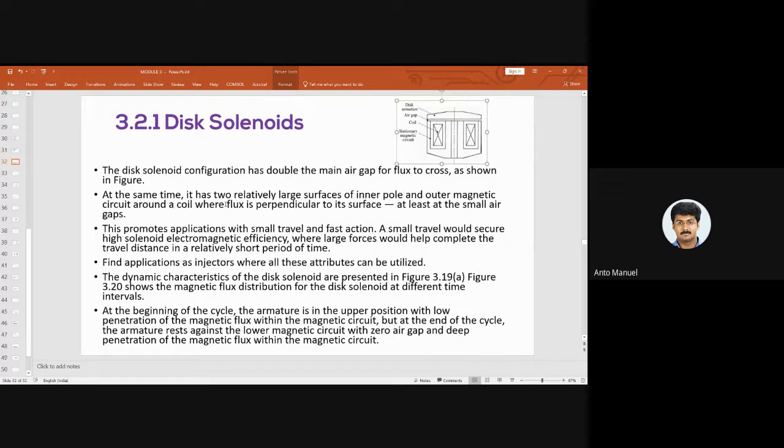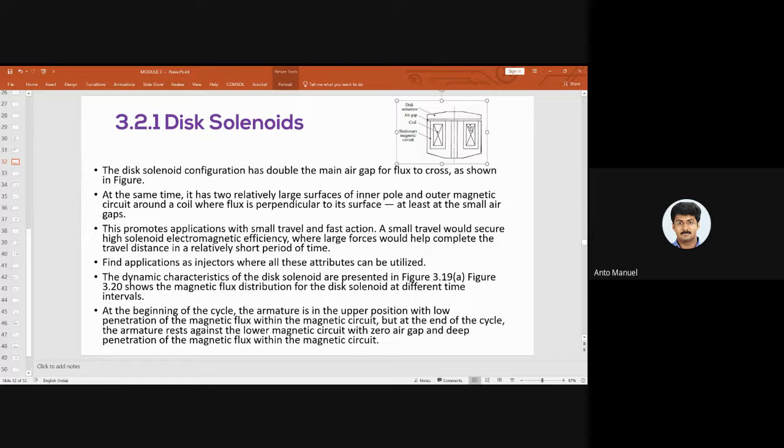At the same time, it has two relatively large surface inner pole and outer magnetic circuit around the coil, where the flux is perpendicular to its surface, so a small air gap is enough. Even though the air gap is small, it is capable of moving the disc armature through it when the system is excited.